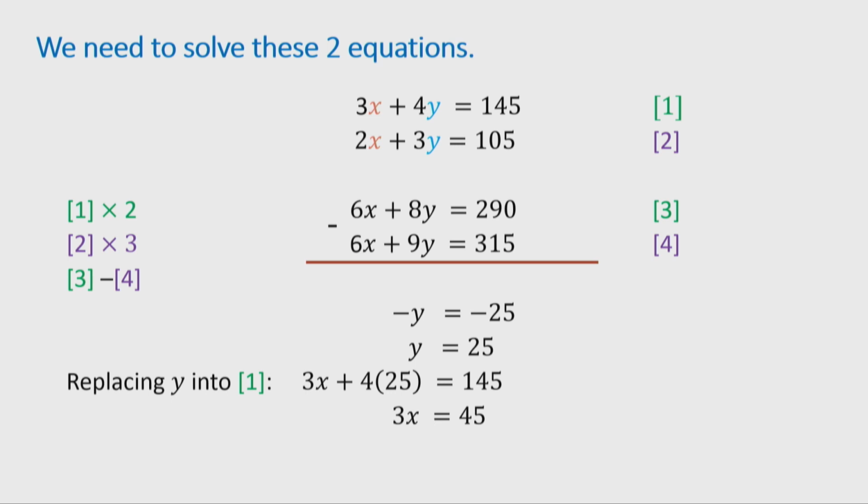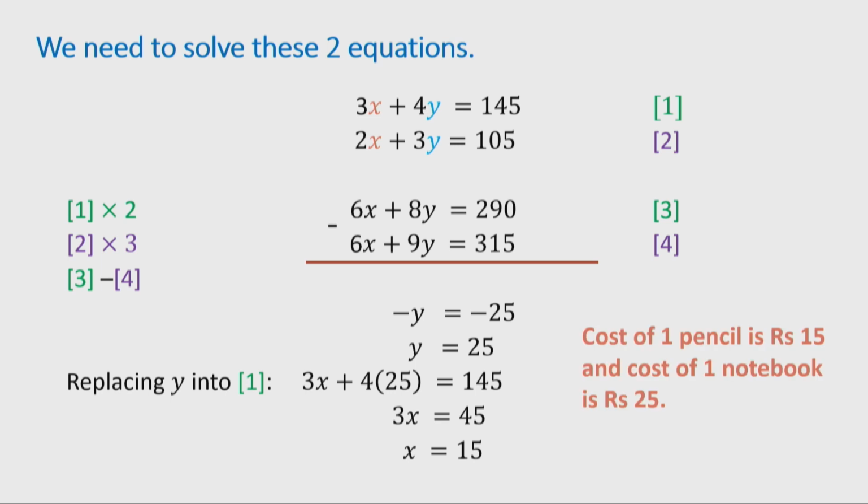And x will be 45 divided by 3, that is 15. This means that the cost of 1 pencil is 15 rupees and the cost of 1 notebook is 25 rupees. Remember, you should also check the answers.